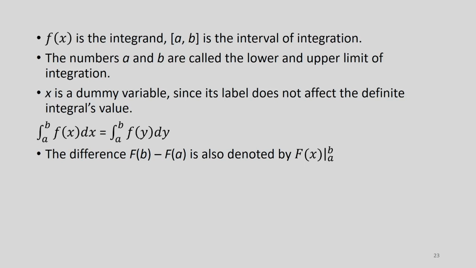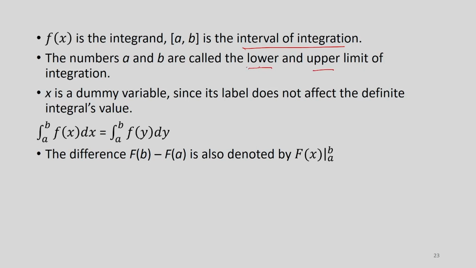Small f x is the integrand, we have noted this. A to b, the closed interval, is the interval of integration. So, this interval of integration is a new concept. It was not there when we talked about indefinite integrals. The numbers a and b are called the lower and the upper limit of integration.